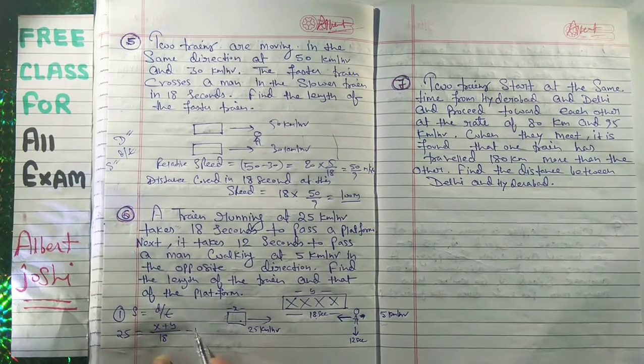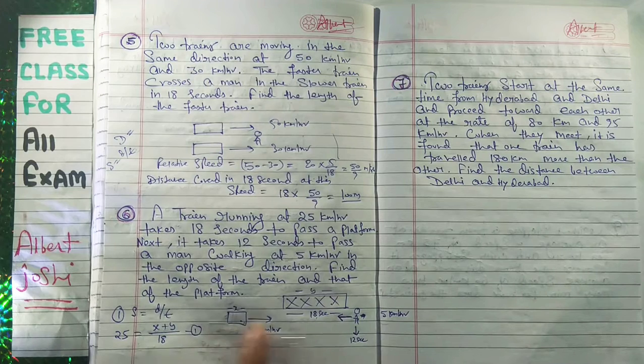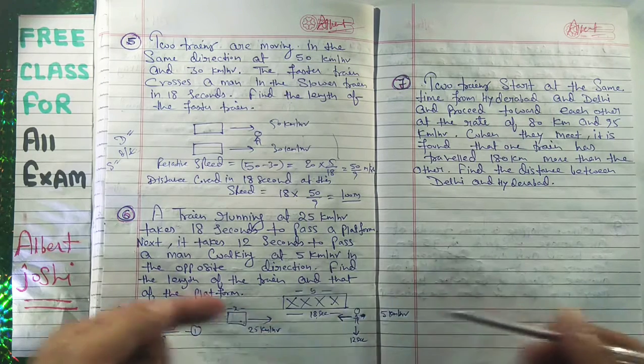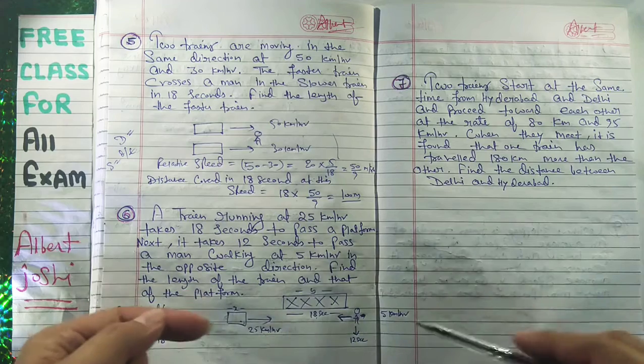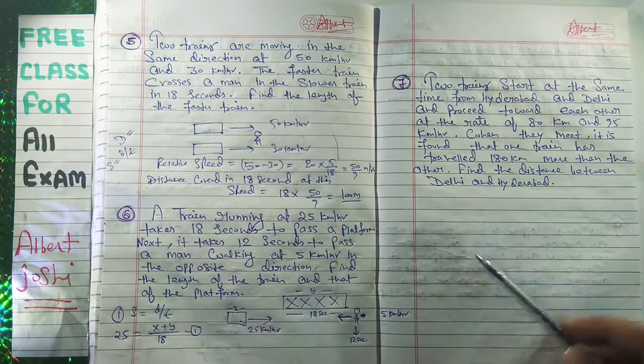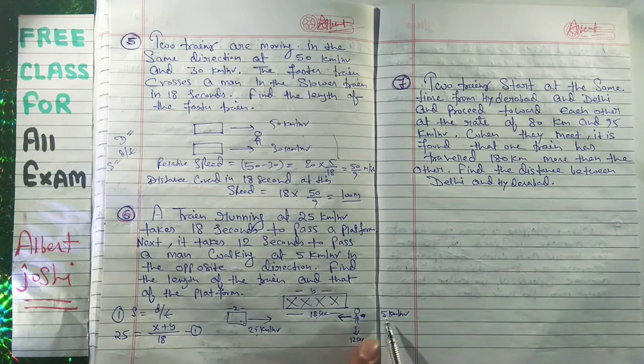Now this is equation number one. When the train is passing this person, in this condition you know that the relative speed, because both are coming in the opposite direction, so whenever it is the opposite direction, you have to add: 25 plus 5.